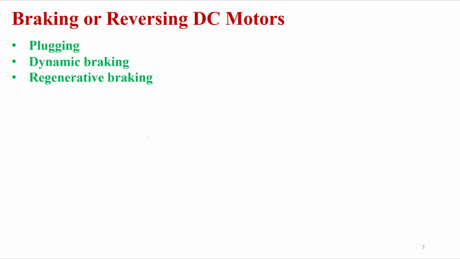We'll talk about that gradually. Regenerative braking is specially used where the motor is rotating above the rated speed. We know that while the motor is rotating at lesser than the rated speed, the back EMF is less than the supply voltage.